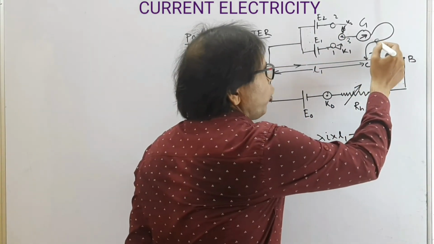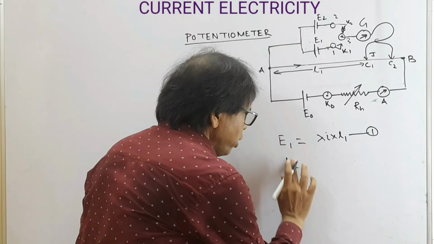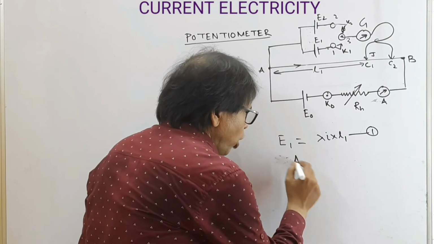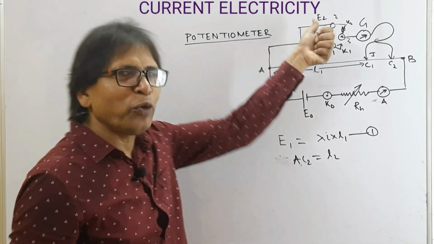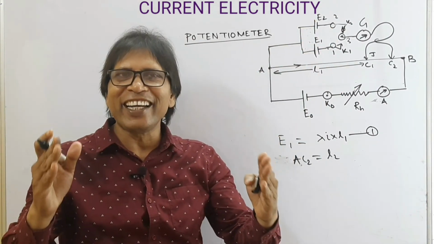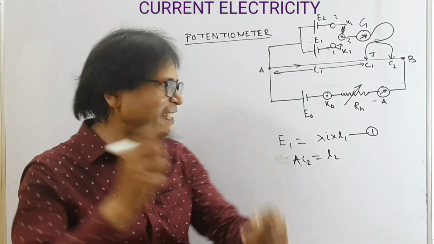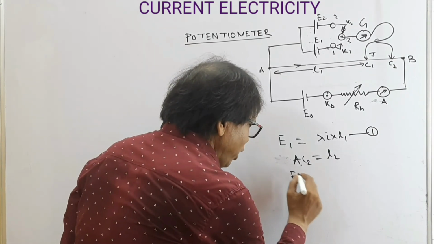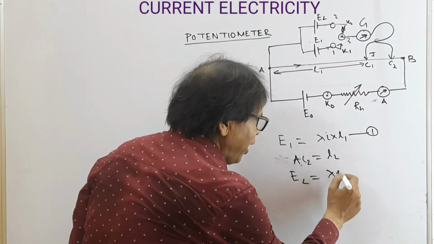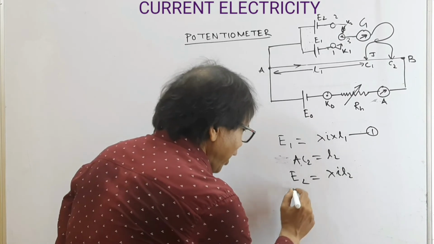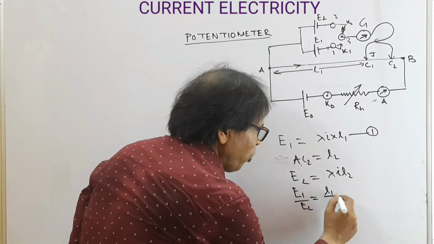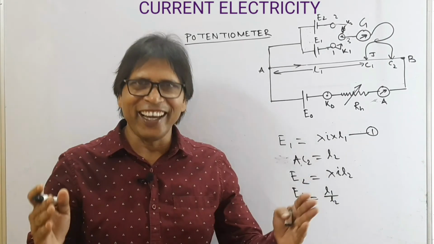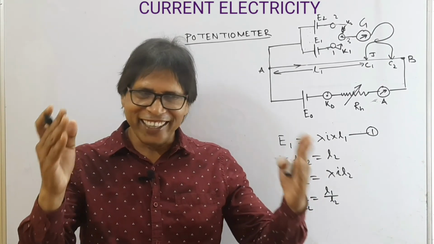If the null point is obtained at C2, and the length of AC2 equals L2, then E2 equals the potential difference across AC2. So E2 equals lambda I L2. Now E1 by E2 equals L1 by L2.